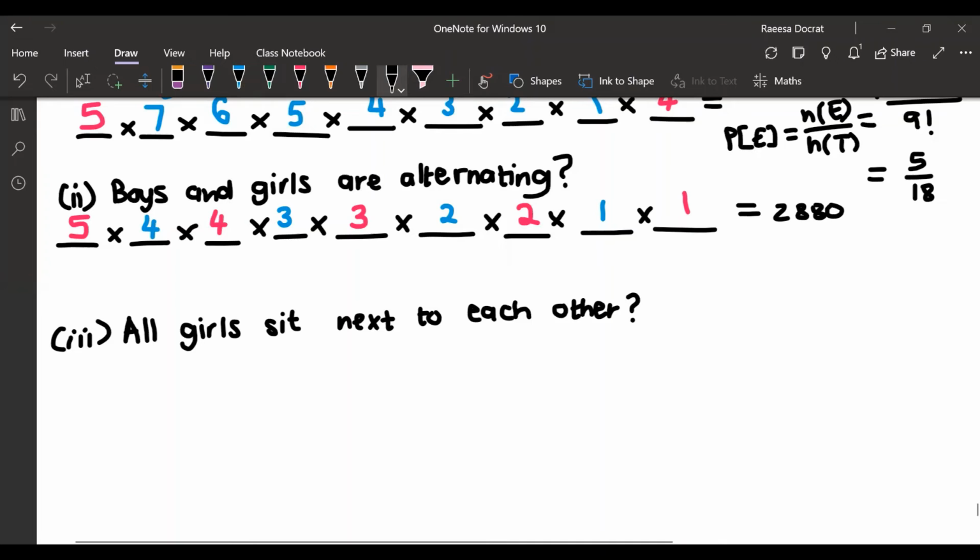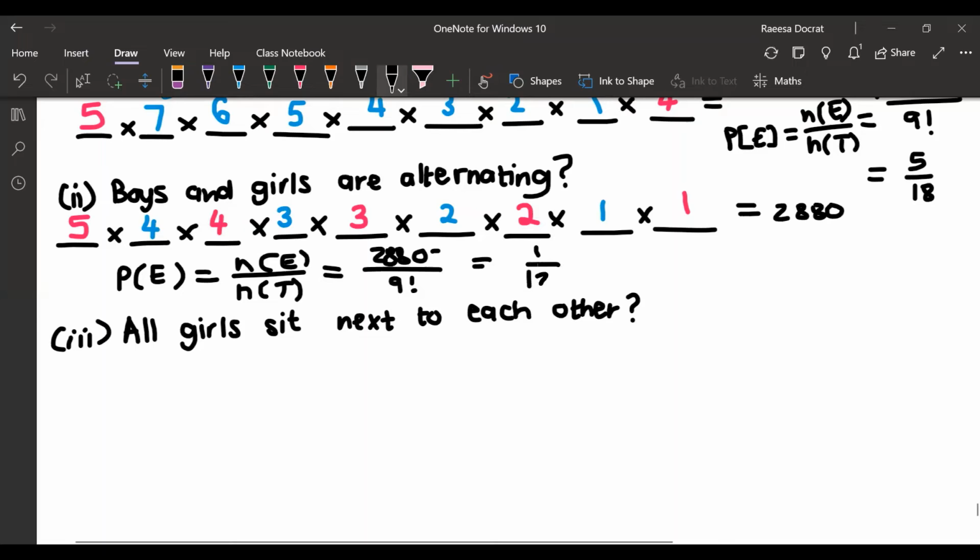So then the probability of this event is the number of ways it can occur over the total number. So there's 2880 combinations that have girls and boys alternating, and the total is 9 factorial. So in calculating this, we get that the probability is 1 over 126.